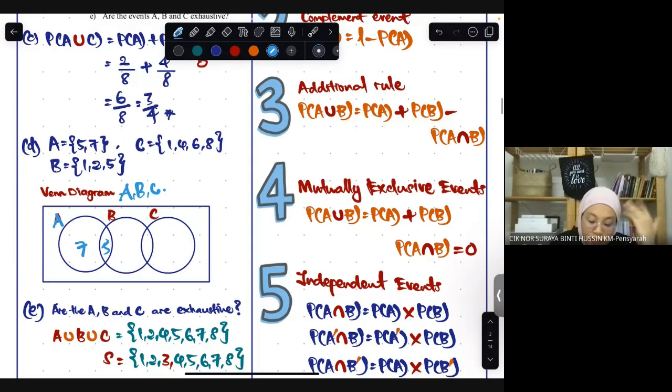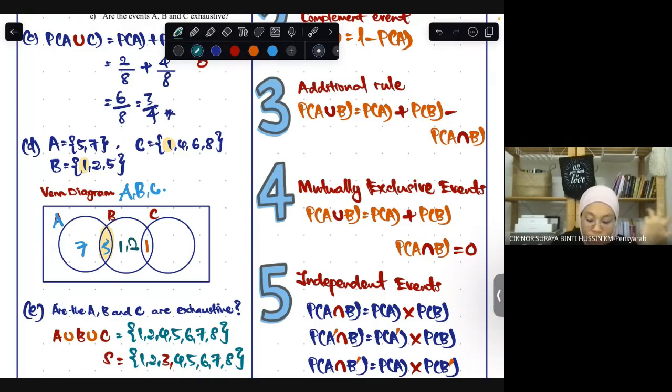So why is 5 in the intersection? I think we already know that because B has what? 1, 2, 5, right? B has 1, 2, 5. And then B and C have a common number, which is 1. The common number is 1, so just put the 1 there because the number one is the same.